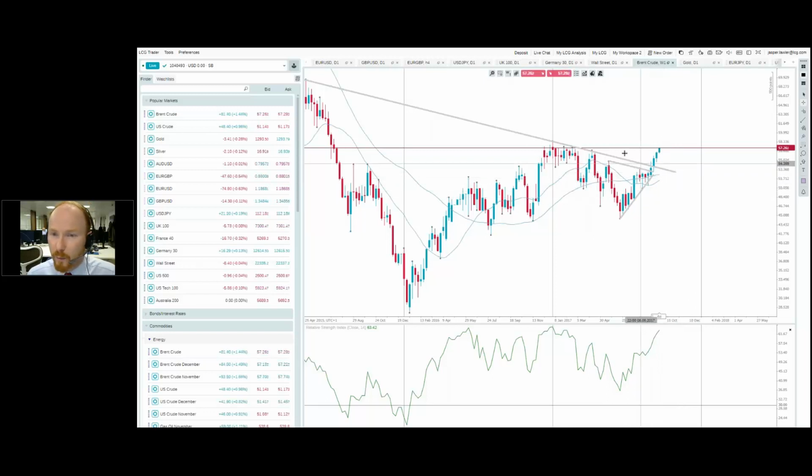But I wouldn't be surprised to see some reaction, because this is pretty strong resistance into 58. So I think we're right about where we are, 57.30, which is where we've got some of these peaks in here, up to the high here at 58, before 58.50. It wouldn't be too surprising to see some pullback in the market.